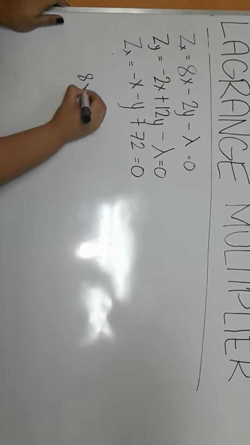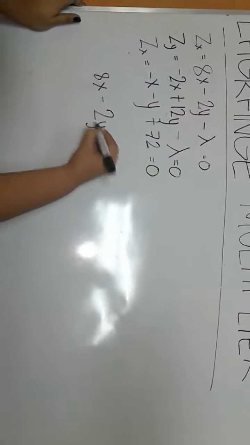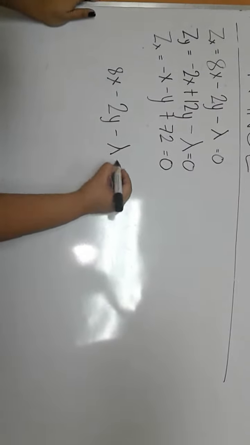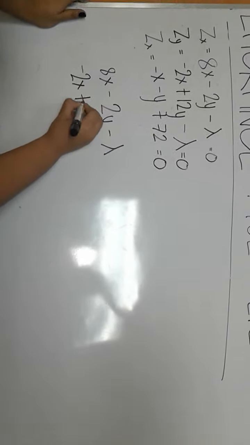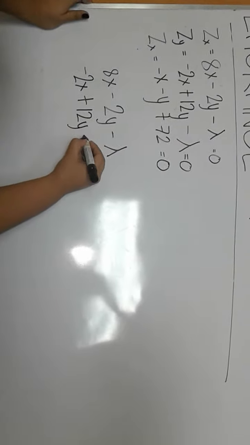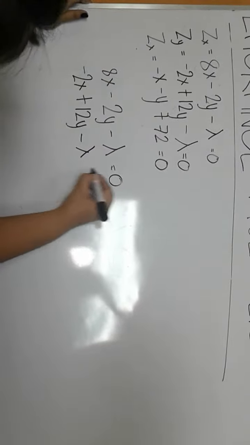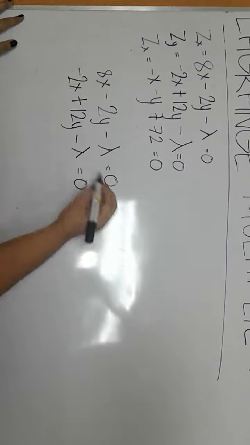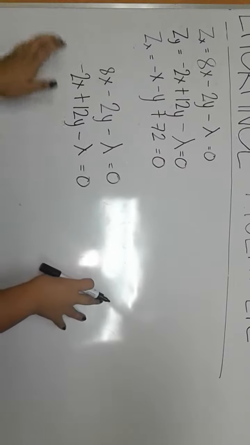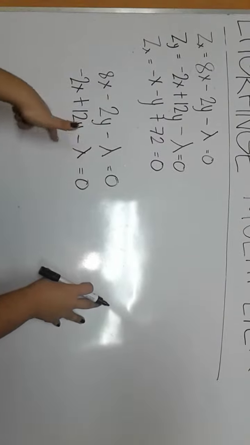So 8x minus 2y minus lambda, negative 2x plus 12y minus lambda. Equate to 0, equate to 0. Now we will use elimination to eliminate one variable, and that is the lambda.